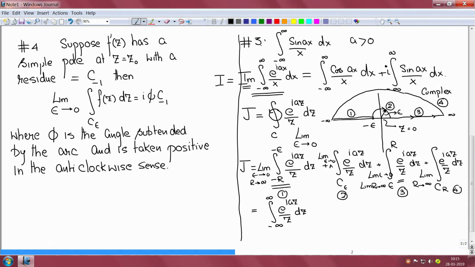Now let us look at the fourth leg, okay, fourth portion. We have said in the Jordan lemma that if I have a function f of z on a circular arc that goes to 0 uniformly as the arc radius goes to infinity, my f of z in this case is 1 over z.